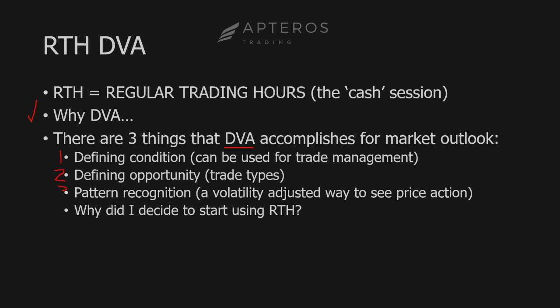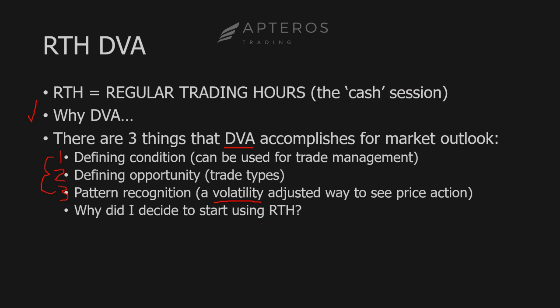The third thing is that it provides pattern recognition, but specifically volatility adjusted pattern recognition. That's important. Each one of these ideas kind of builds off of each other to develop the full picture. But essentially, DVA is super important because it gives us repeatable, volatility-adjusted ways of filtering market-generated information.